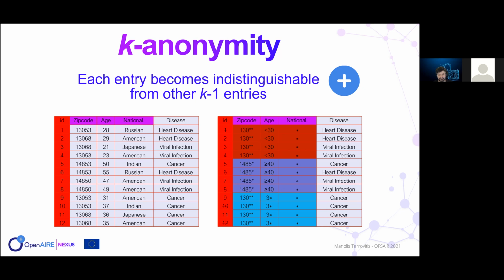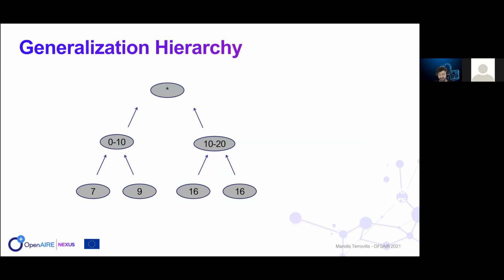Now, one more detail before we go to the demo is that, as you saw, we removed information from the quasi-identifiers. We actually generalized its original value and presented it in a greater granularity level. For example, instead of giving the exact age, we gave an age category: less than 30, 30 to 40, more than 40.